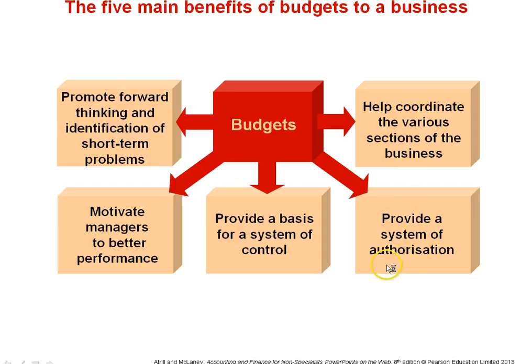If it's not in the budget, then it's not authorized, so it's also authorization. So people are keen to discuss the plans and get it in the budget, because then you know the firm can afford it. As a basis of control, because you compare the budget with the actual performance and see where things differed from budget, not necessarily went wrong, but just differed from the budget.